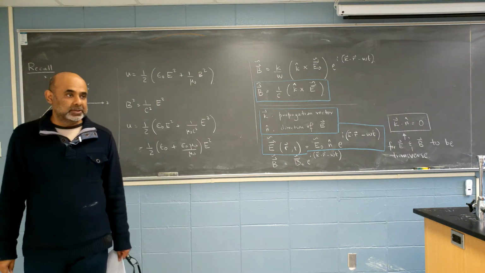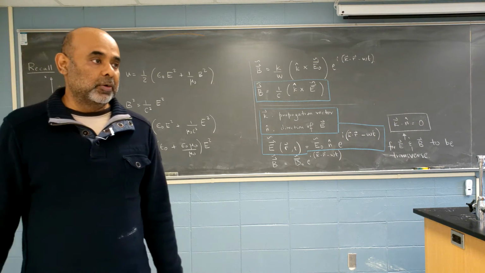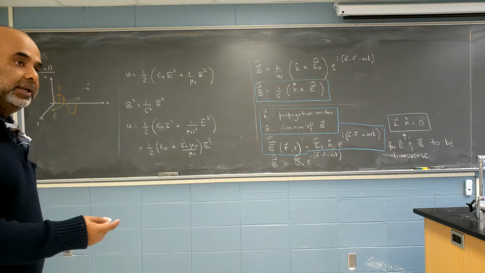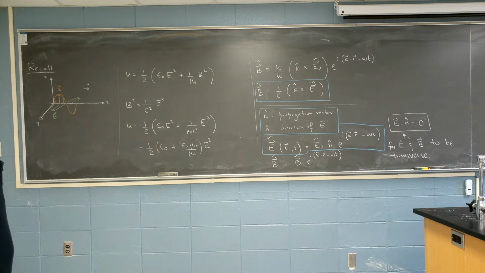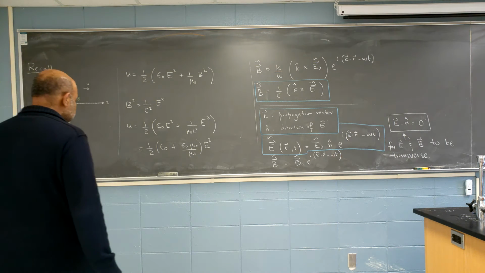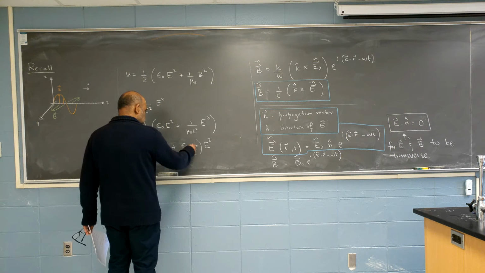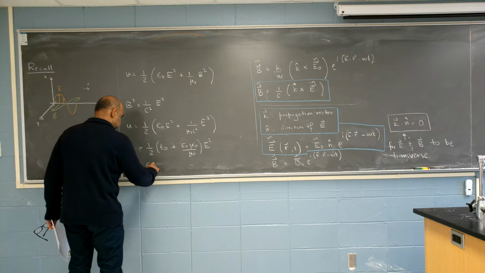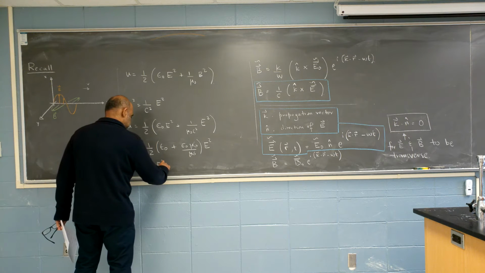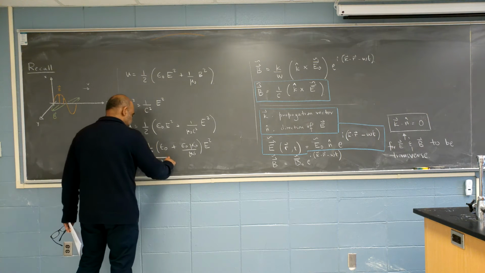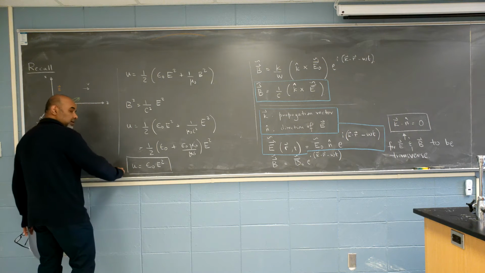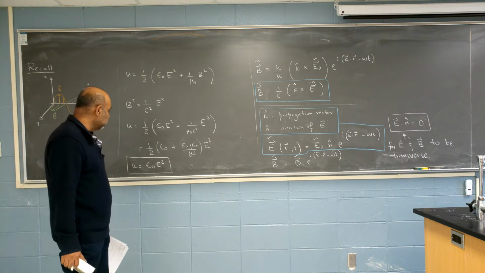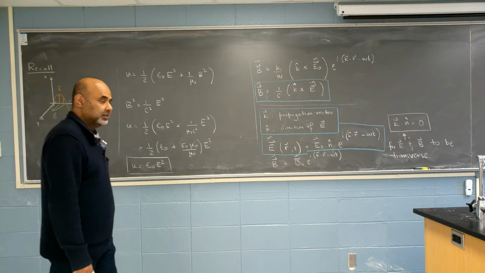I replaced c squared with 1 over epsilon naught mu naught, because c is the square root of 1 over epsilon naught mu naught. And this is gracious enough to cancel. And you get that for a plane wave, that is a simple expression for the energy density.